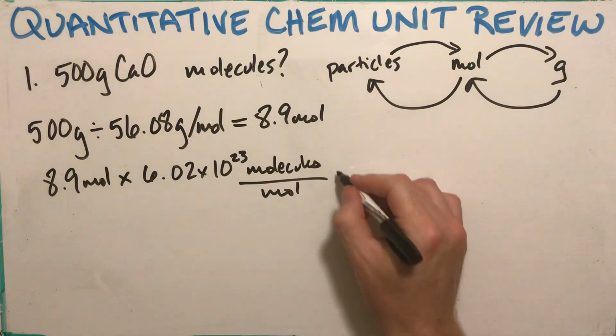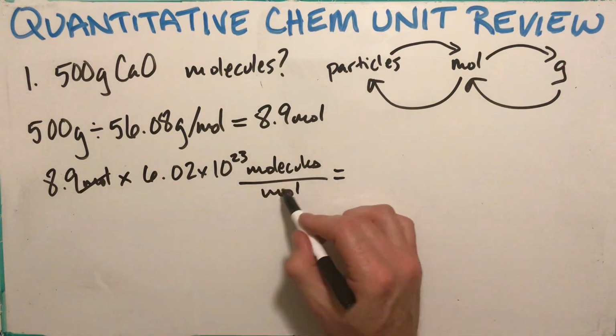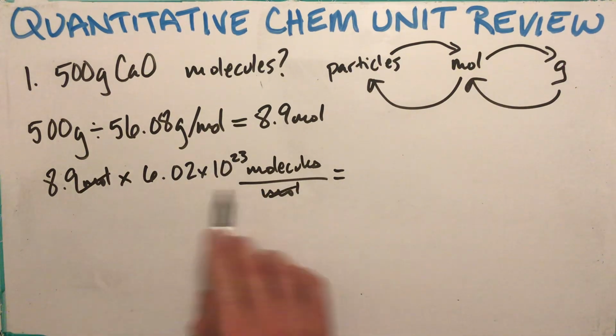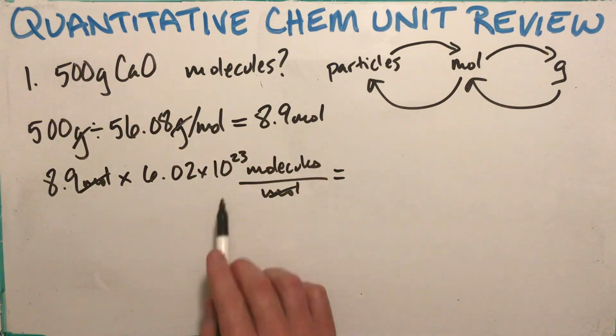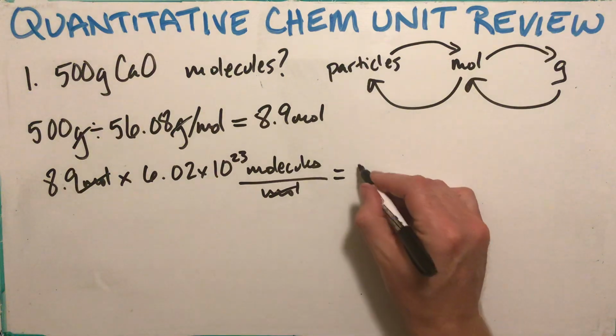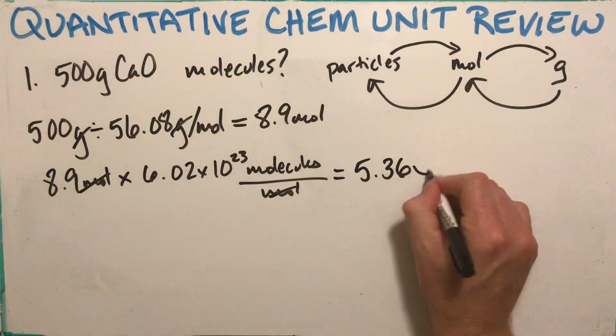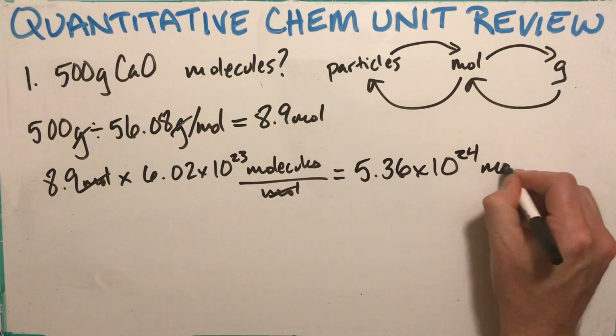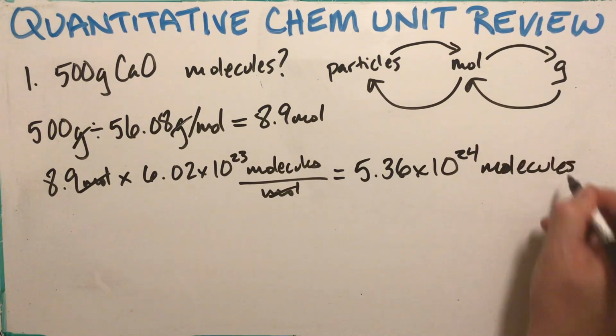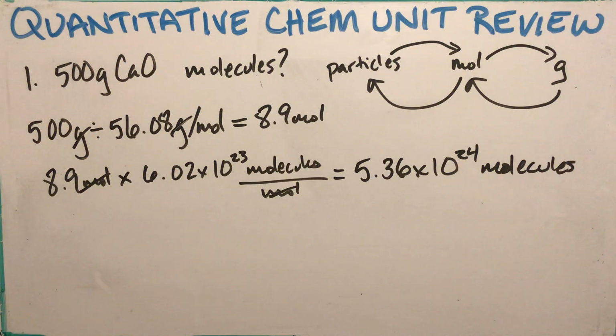And when I do that, the moles will cancel when I multiply, one on top, one on bottom, the same way grams cancel here. I multiply that out and I get 5.36 times 10 to the 24 molecules. All right, so that's number one.